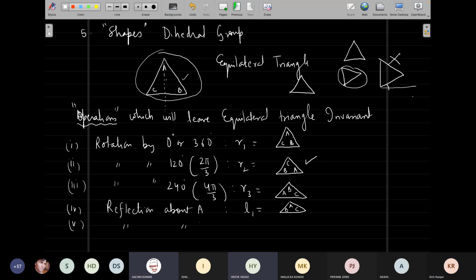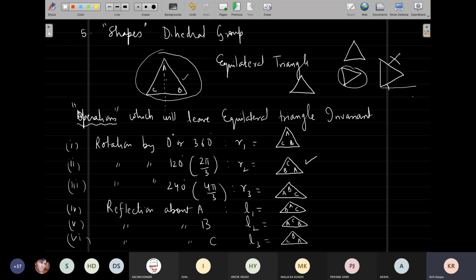Sir, about the two remaining medians, about the points. So that is about B. I will call this L2, and this will make B remain the same, and A and C exchange positions. Then there exists one about C, which means C remains the same and A and B change positions.